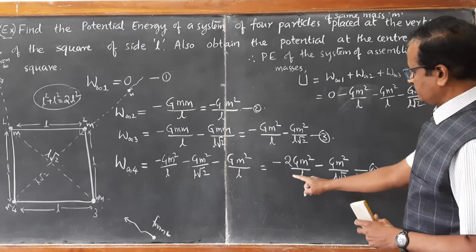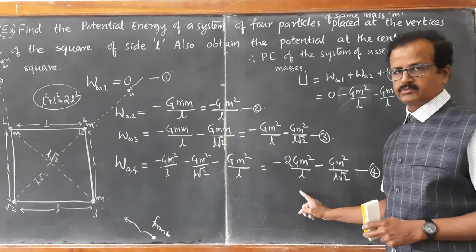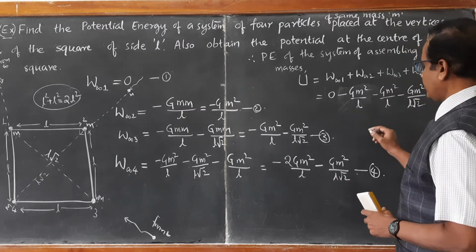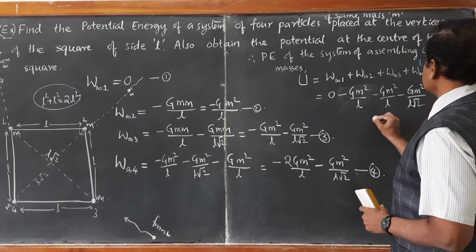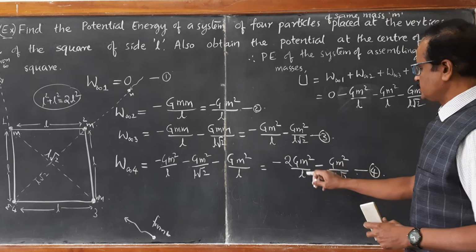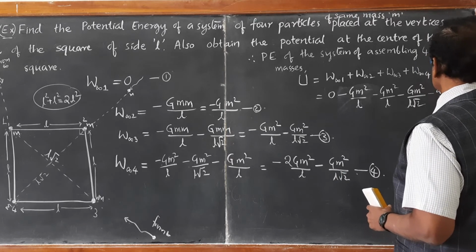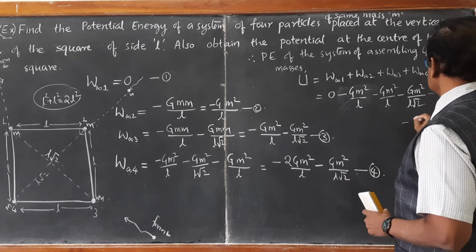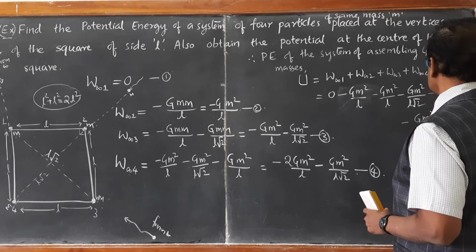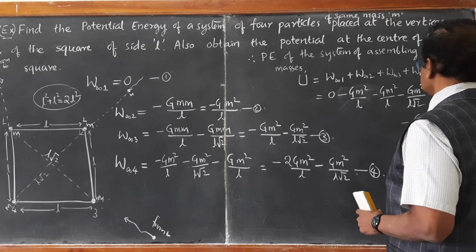And look here, the fourth one, this also we have to add, so that becomes minus 2 gm square upon l minus gm square upon l root 2.